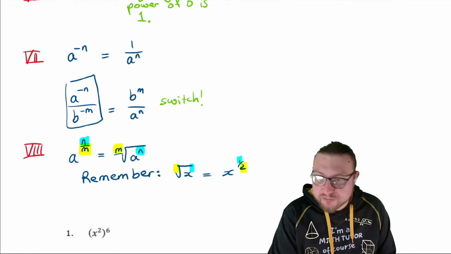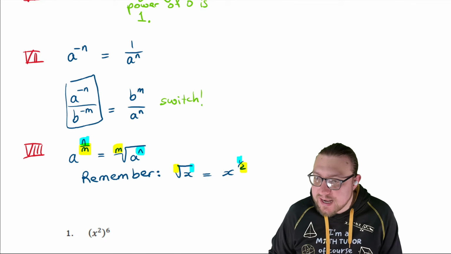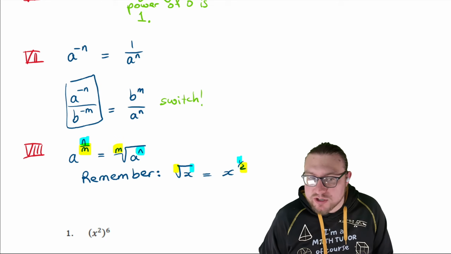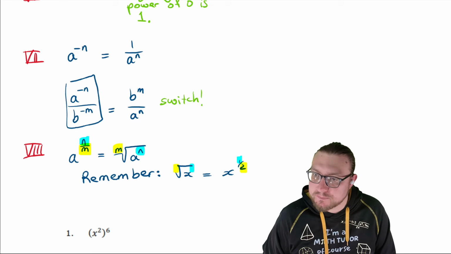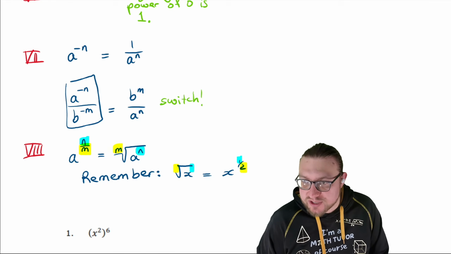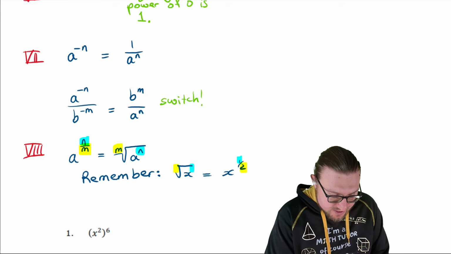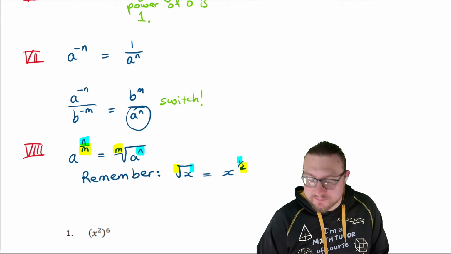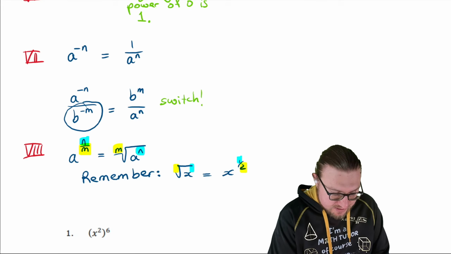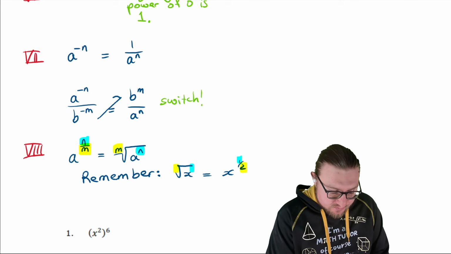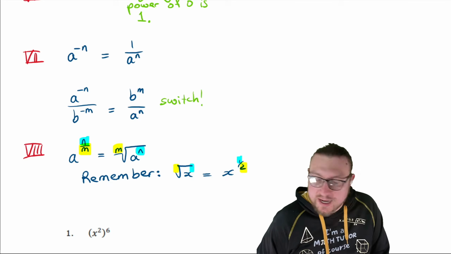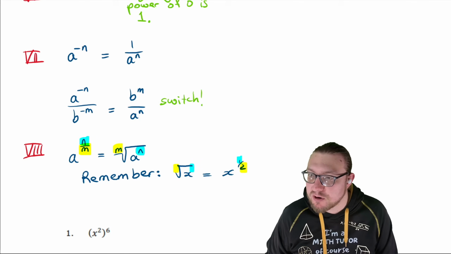If we already have a fraction, then negative powers are very easy because all you got to do is write them in the other part of the fraction. So here we have a to the negative n in the numerator. Taking away the negative means it goes into the denominator. Same with the b to the negative m. That just means we switch it to the numerator and don't worry about the negative anymore.